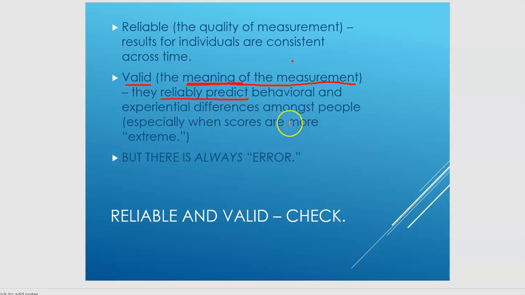The 5-factor model is useful because we have done enough research to begin to understand what specific kinds of reactions and behaviors the scores predict. And again, we'll be talking soon about why more extreme scores are more predictive than less extreme scores.